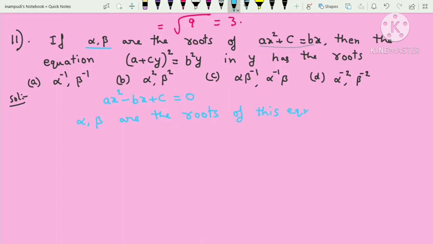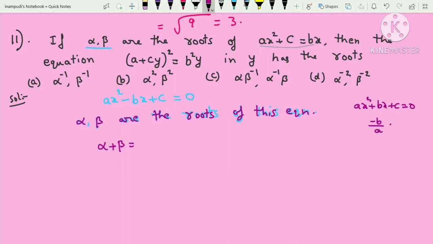For the sum of the roots, the formula is alpha + beta = -b/a for the equation ax^2 + bx + c = 0.